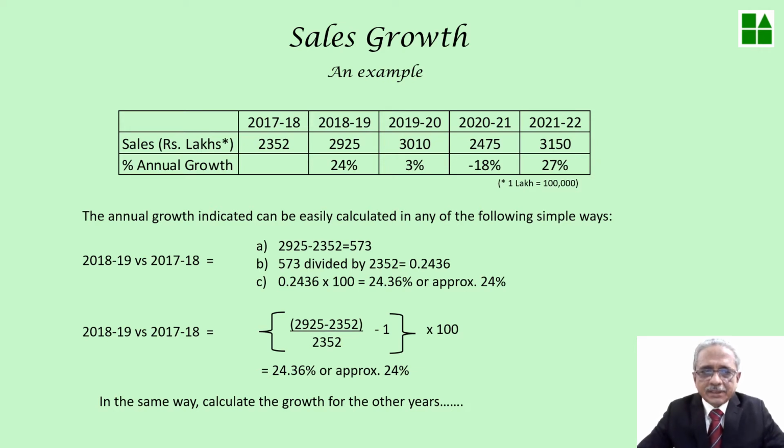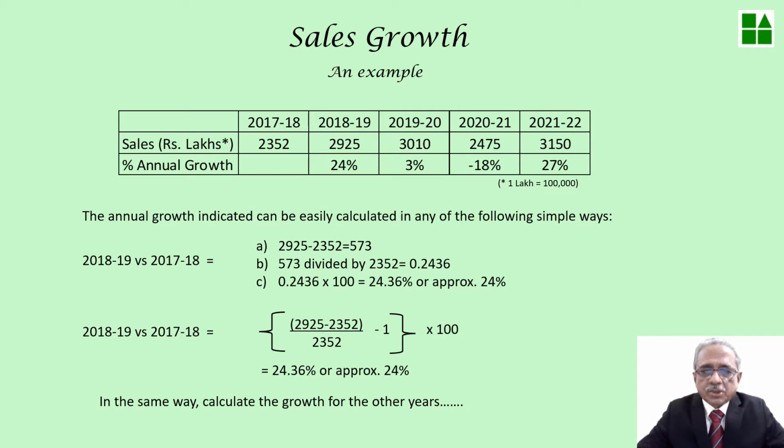For example, for 2018-19, the growth over 2017-18 is calculated in any of the two simple ways shown here. First, you could just subtract 2352 from 2925, you get 573, divide it by 2352, which is the base year, you get a figure of 0.2436, and you multiply that by 100 since growth is always a percentage.